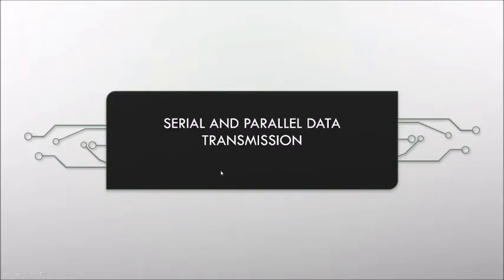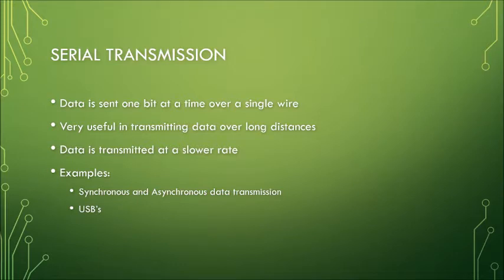So the first part would be looking at serial and parallel data transmission. Serial data transmission is when data is sent one bit at a time over a single wire or channel. It's very useful in transmitting data over long distances, although the data is transmitted at a slower rate.